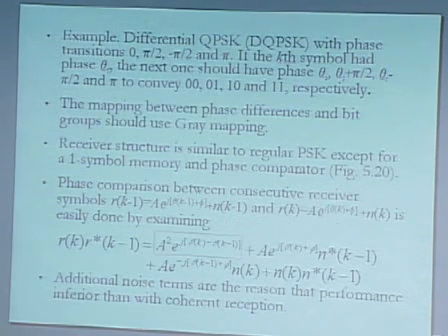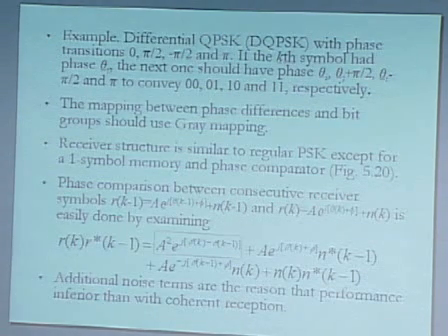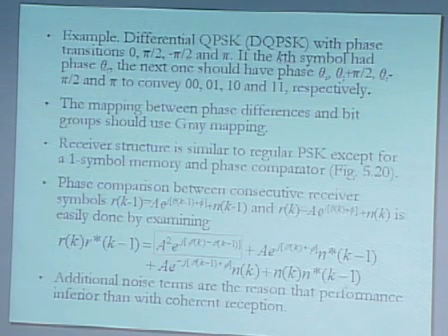Okay, so this is what we get at time k minus 1, this is what we get at time k. Now we want to compare the phase of these two to see the difference in phase, which is where the information is. So how do we compare the phase of two complex symbols like these ones? It's actually very easy. All you do is you conjugate one of them and you multiply them out. Why?